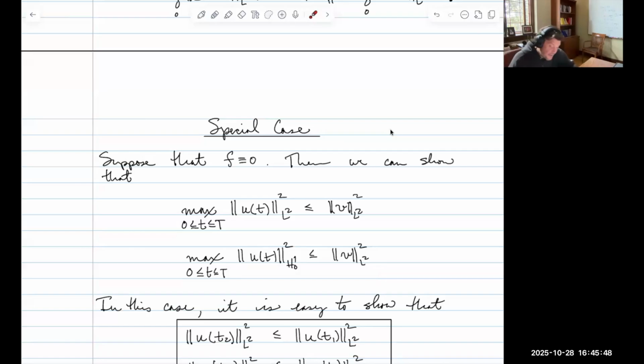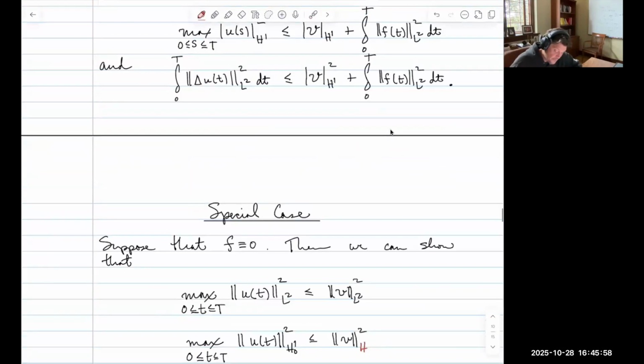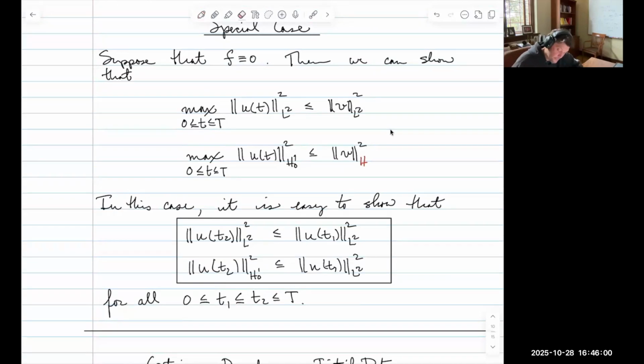And I believe I have a typo here. I think this should be an H1. See, what is it? Yeah, it's an H1 semi-norm. There we go. Okay.